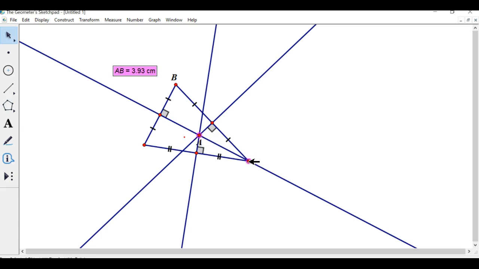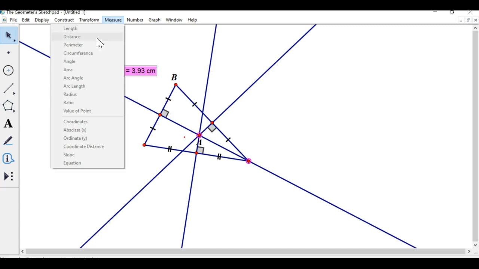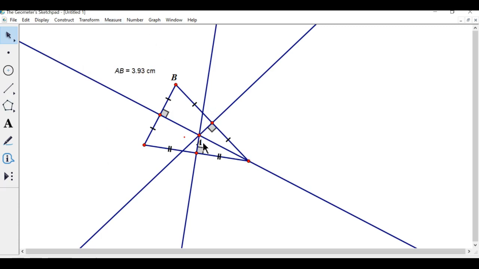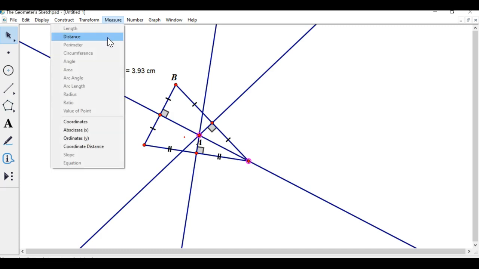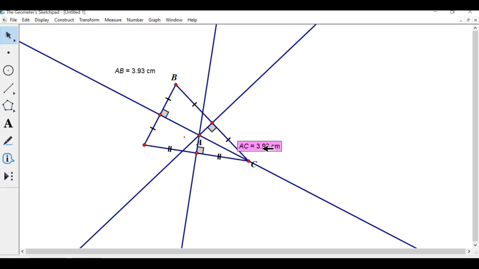From here to that vertex, also 3.93. And the distance from here to that vertex, also 3.93. So this circumcenter is equally distant from all of the vertices of the triangle.